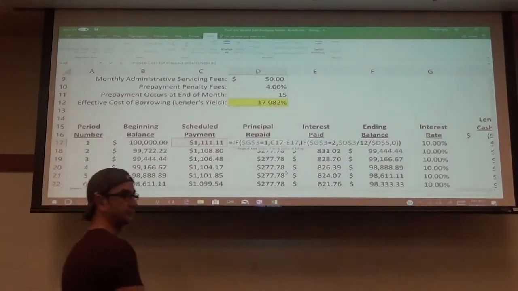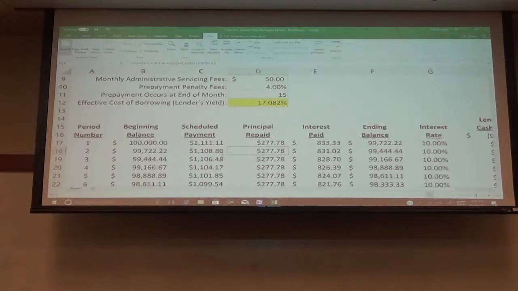All right, let me take a last look. Which one? The principal repaid formula. Just one little second. Did you switch something?